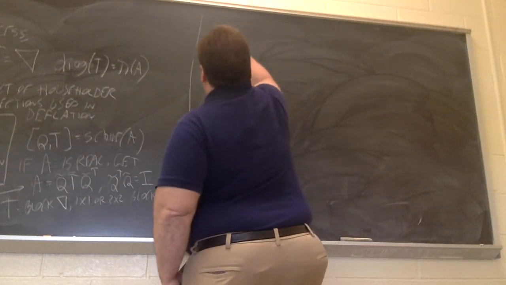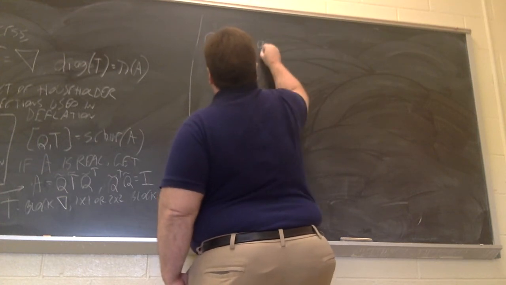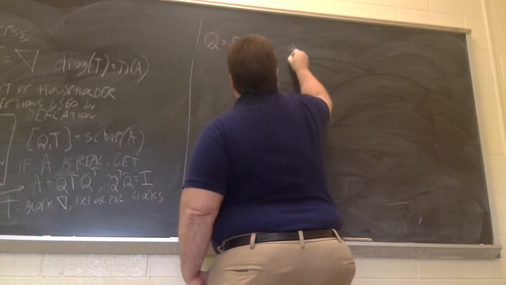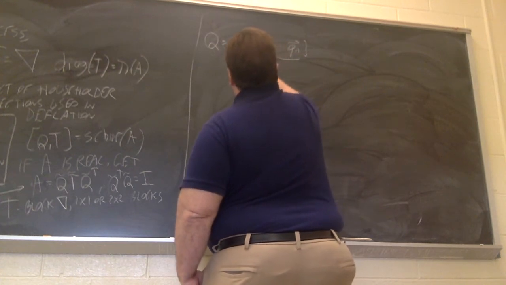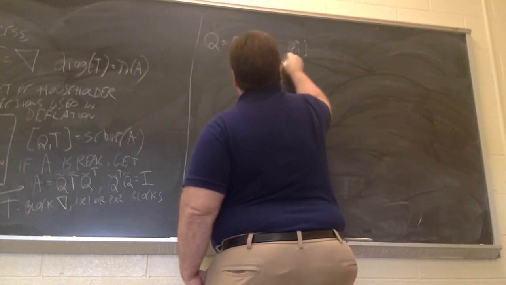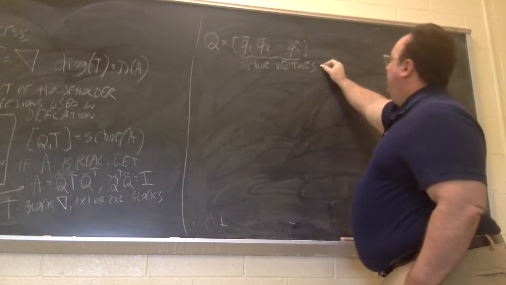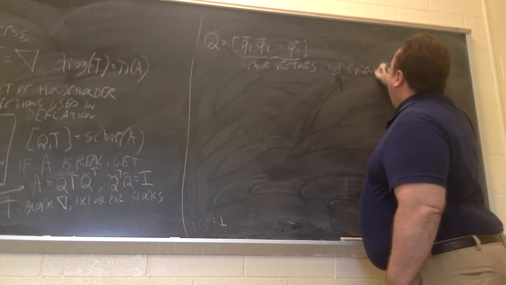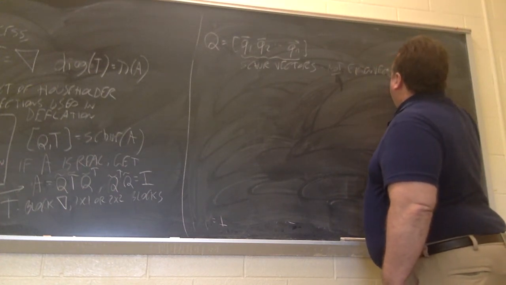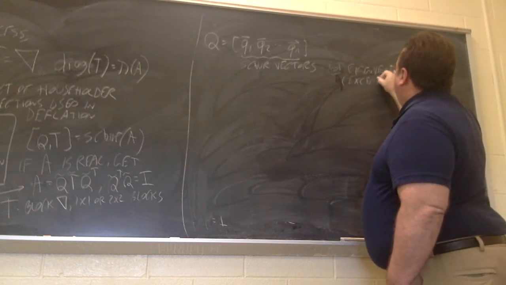Okay. So the matrix Q from Schur decomposition has these columns. And these are called Schur vectors. So these are not eigenvectors, except for the first one.